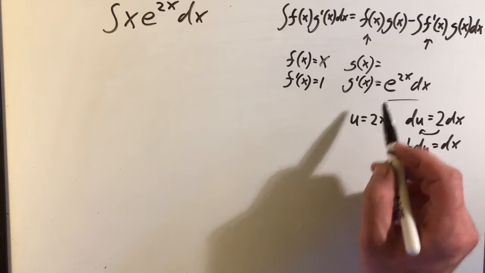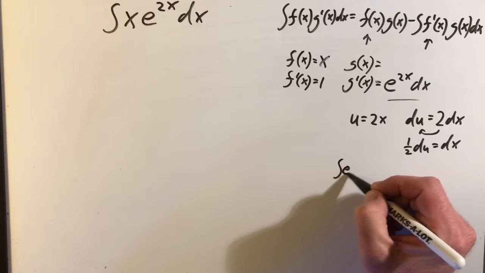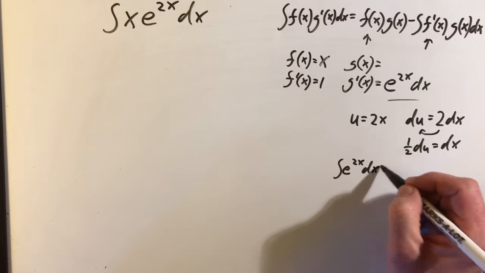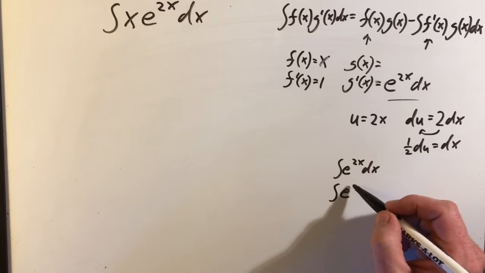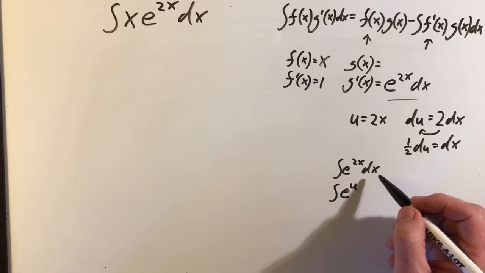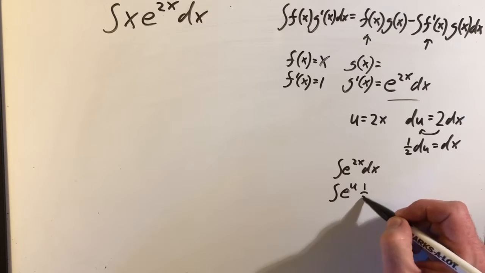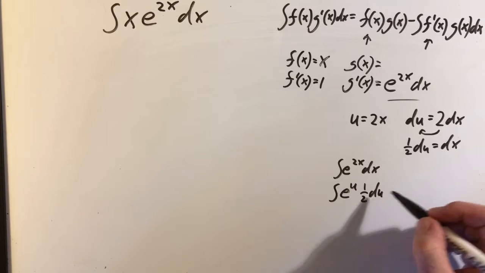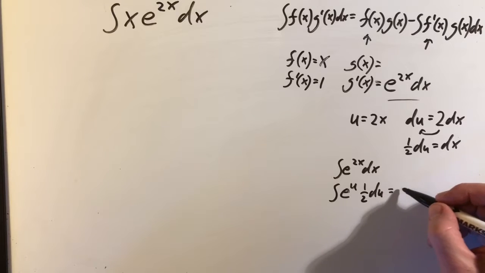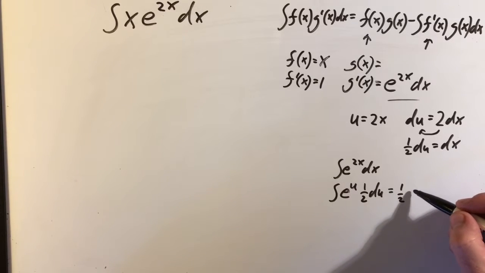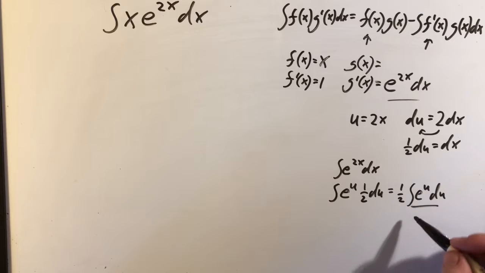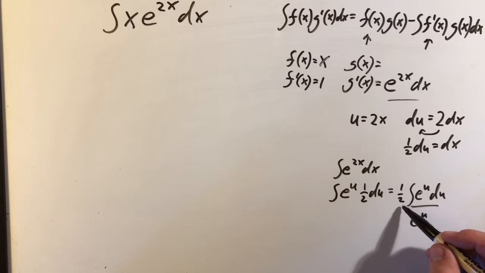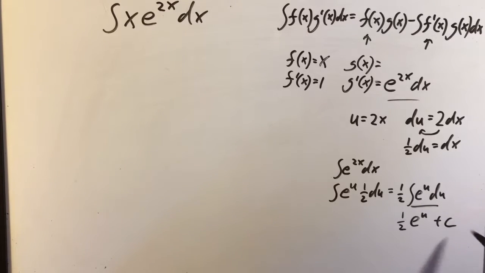So the integral of e to the 2x dx becomes the integral of e to the u, and dx actually equals 1/2 du. The 1/2 just goes to the front, so we'll just have 1/2 of the integral of e to the u du. So the integral of that is just e to the u times 1/2, and then of course you have plus c. So that's what we care about right there.